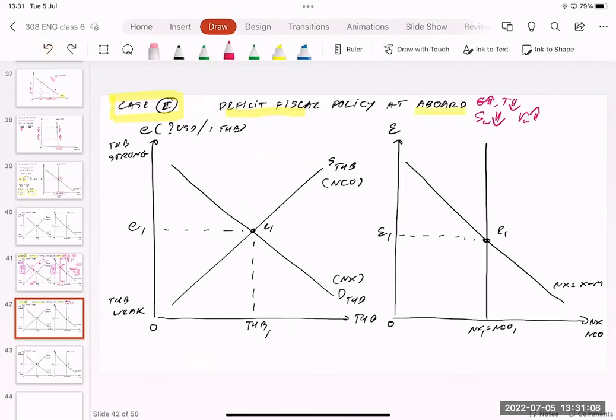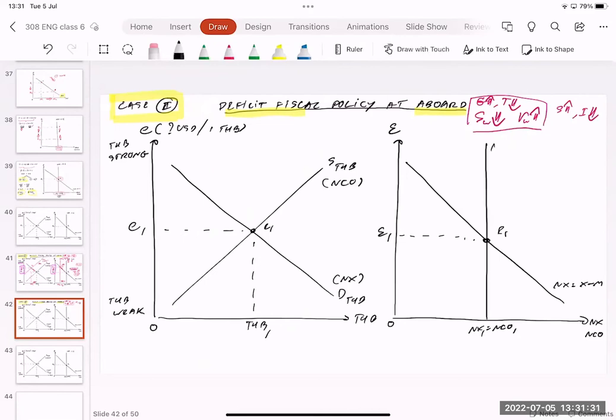Because of this, it's going to have effects on our country. We are an open economy country, so we need to follow the real interest rate of the world. When the real interest rate of the world increases, our country is going to save more and invest less. This directly affects NCO.